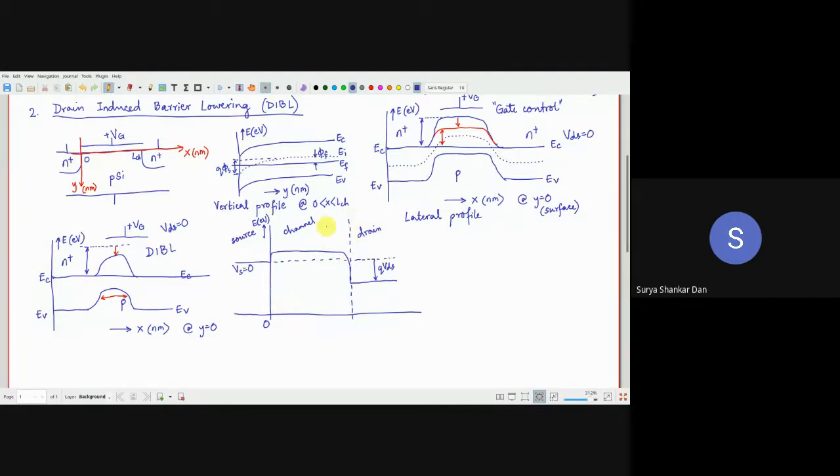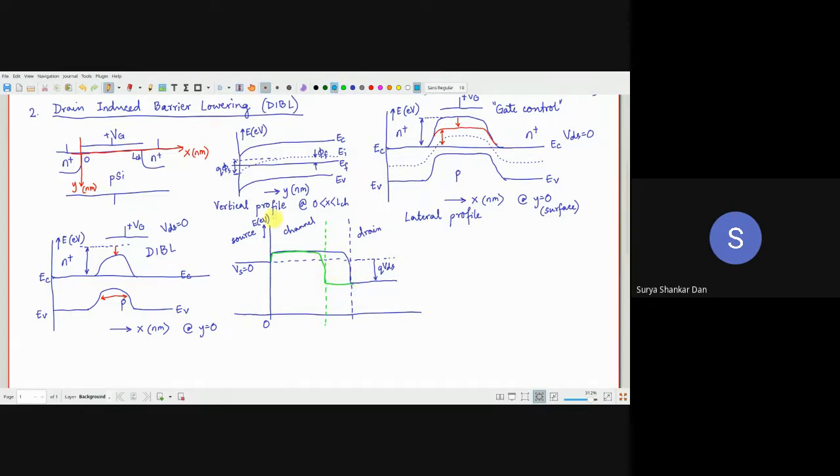This line will be shifting towards the left side. Correct. So let me use a different color. Okay. So the new curve will be somewhat like that.